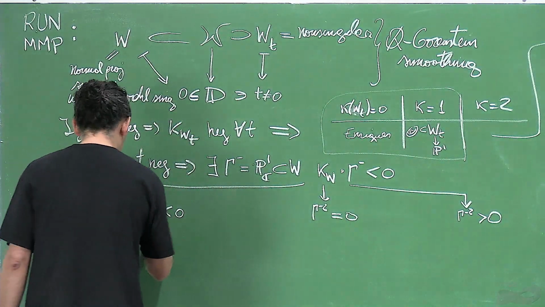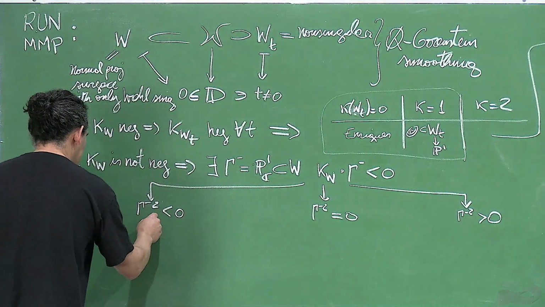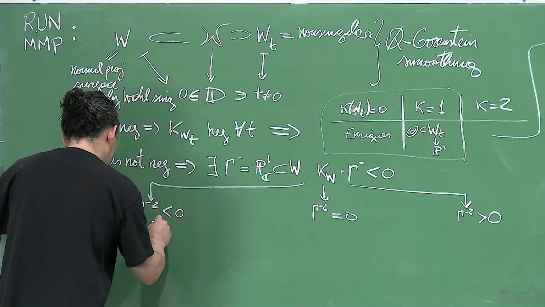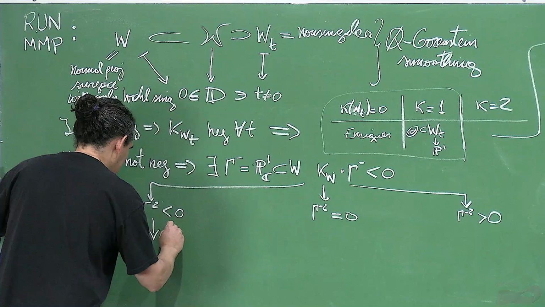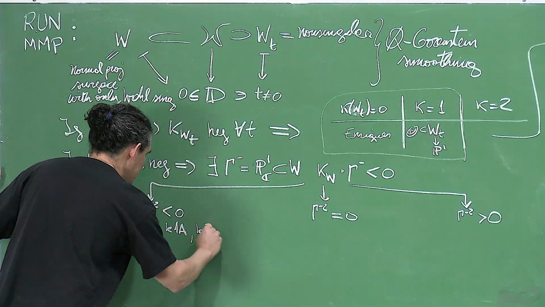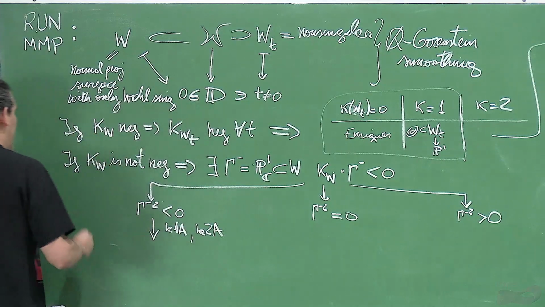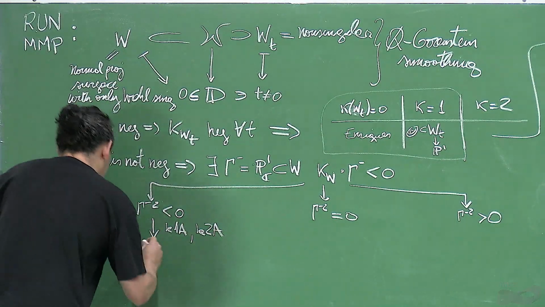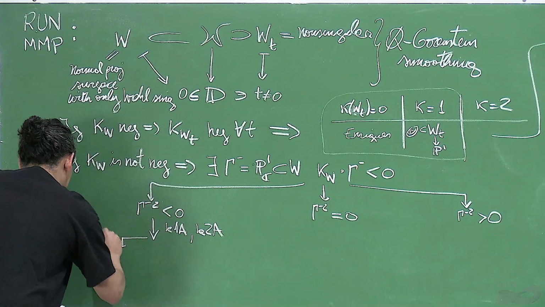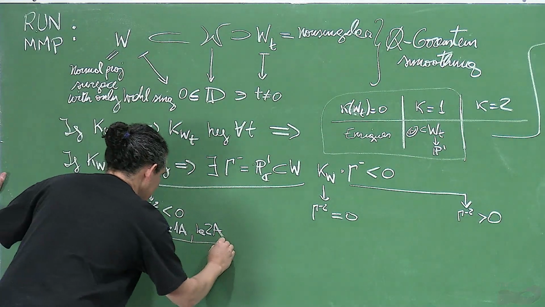But if this is happening, then you have two options. If this is happening, then we have a K1A situation, like last time, or a K2A situation. And they are divided into flip and divisorial contraction.